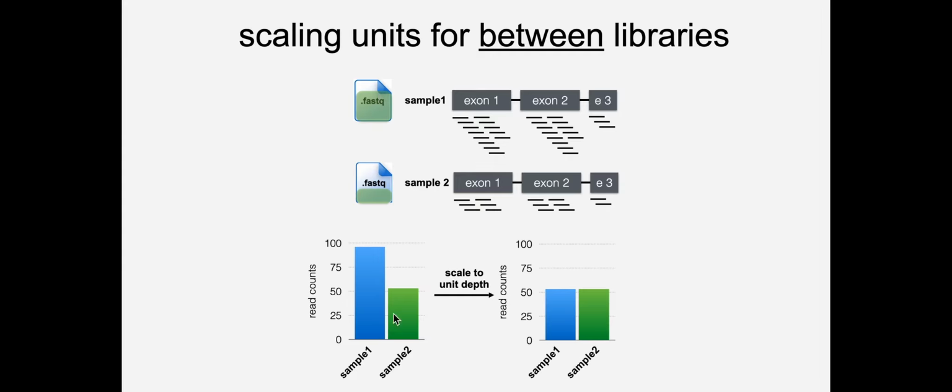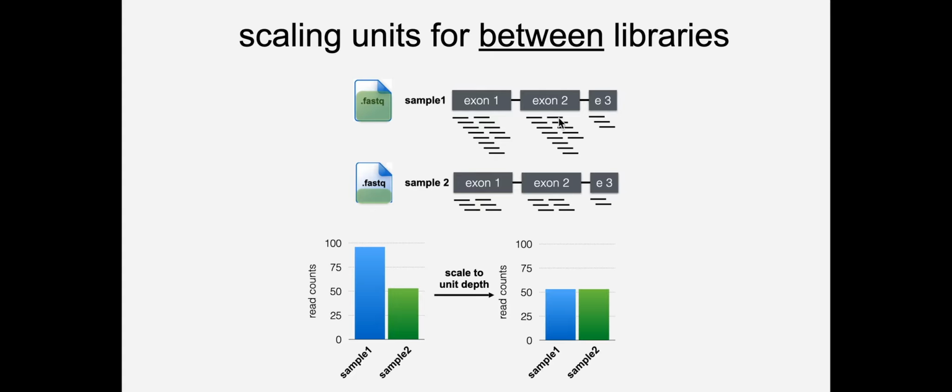And so as a result, if we were to just look at the data without changing it in any way, we might erroneously come to the conclusion that the gene in sample 2 was expressed at half the level of sample 1, that some condition had an effect on the expression of that gene. However, if we account for that sequencing depth, because we know it, right? We know that this sample had, say, 40 million reads and this had 20 million reads.